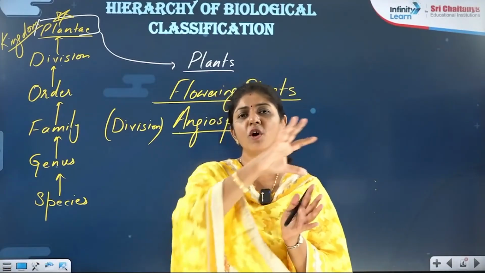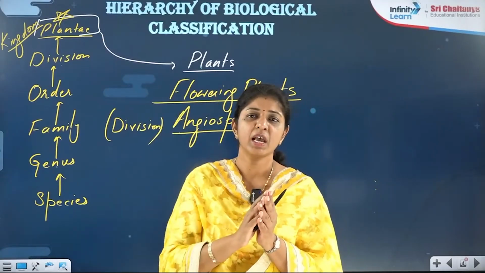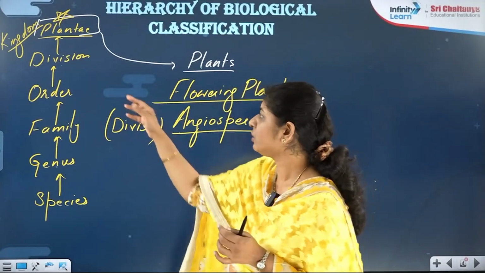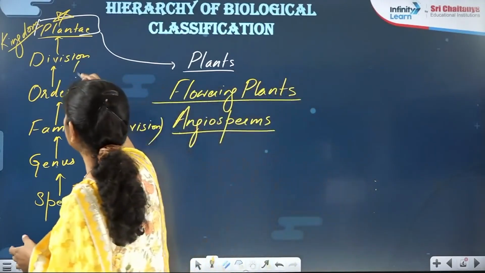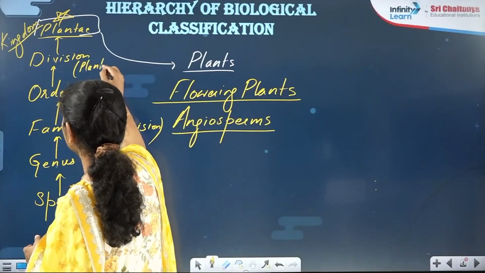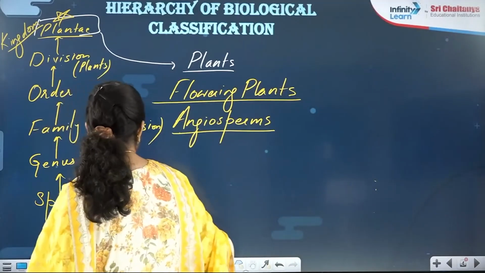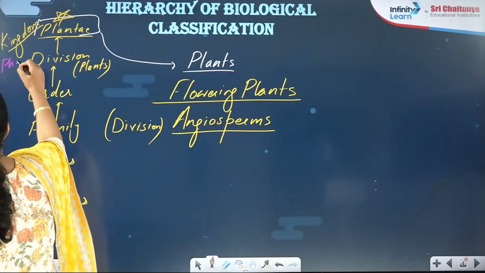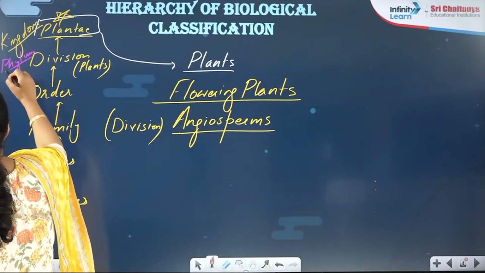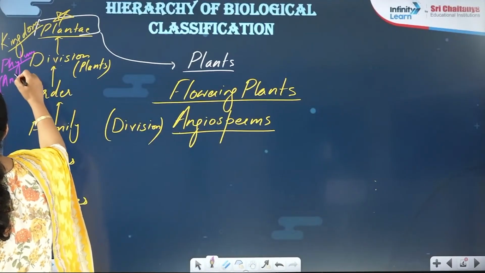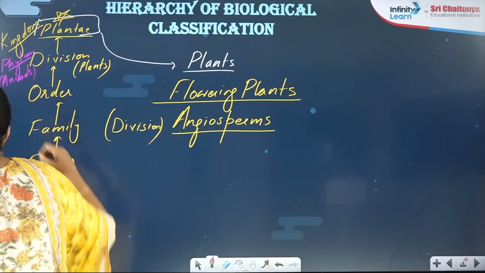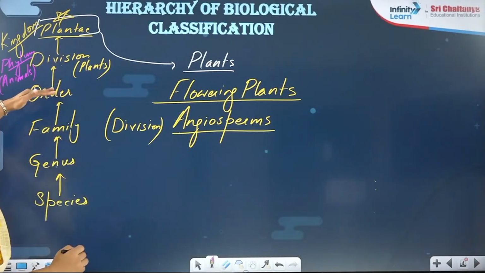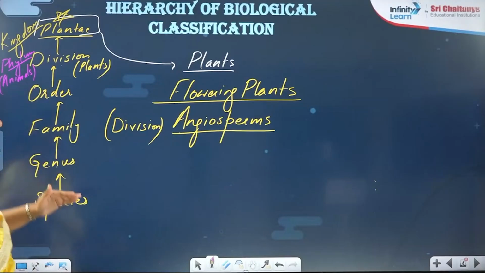Right now you should know all organisms are under 5 kingdoms. And further kingdoms are divided into divisions in the case of plants, and you will use the word phylum for the animals. Then further divisions are divided into order, then family, then genus, then species.